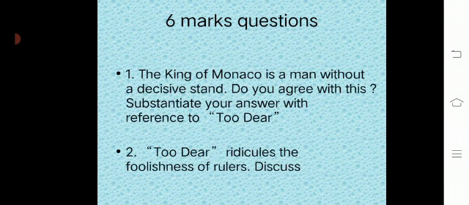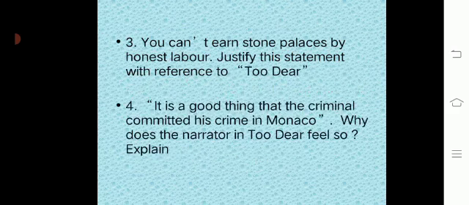Ridicules means making fun of. So the story of Monaco, Two Deer, is making fun of the foolishness of the rulers. The king of Monaco was not able to deal properly with the crime that had taken place. So, discuss. You have to write your own views on that.